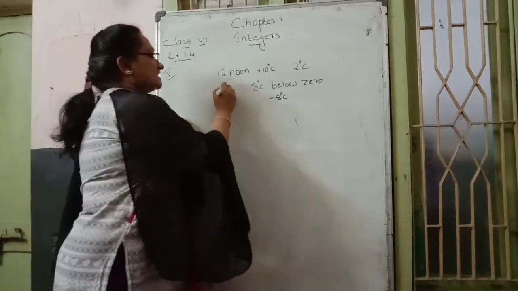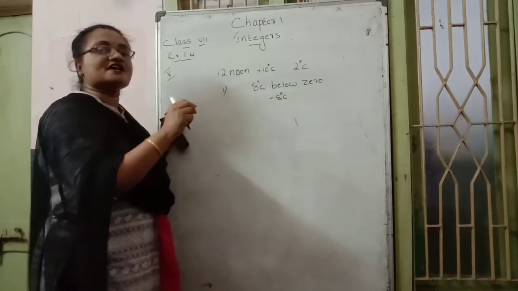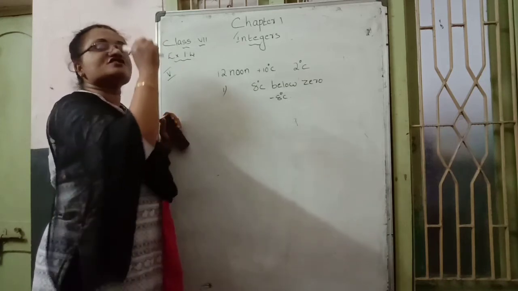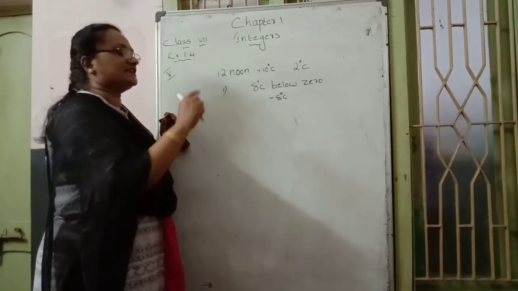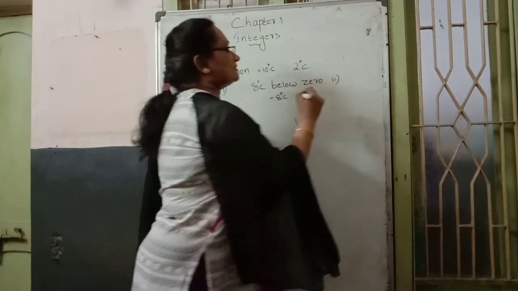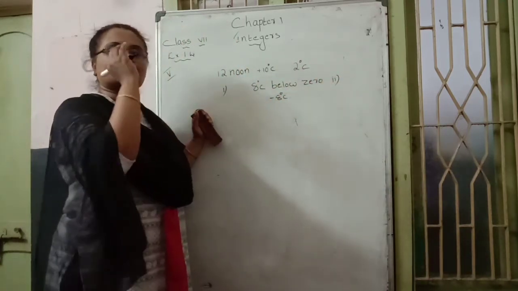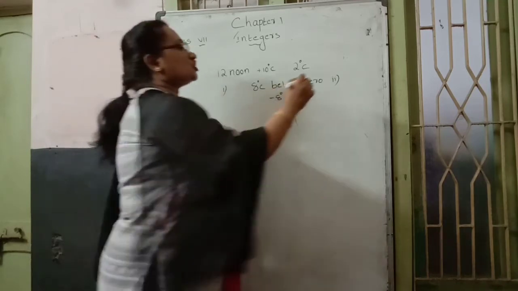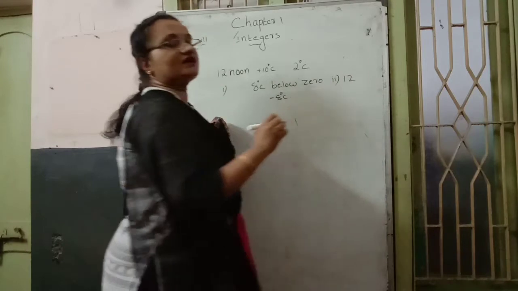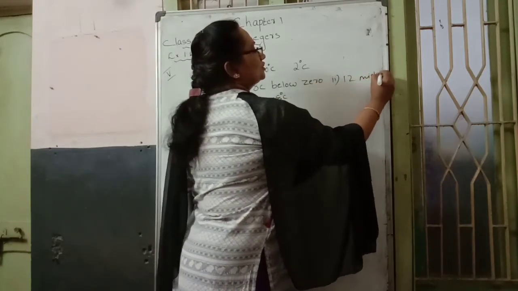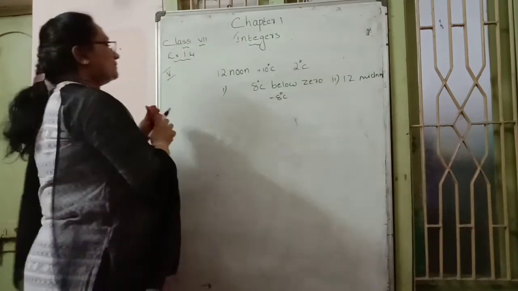The first part asks the time when the room temperature becomes minus 8 degrees. The second part asks what the room temperature is at midnight. Midnight means 12 a.m., 12 o'clock. These two parts are there.